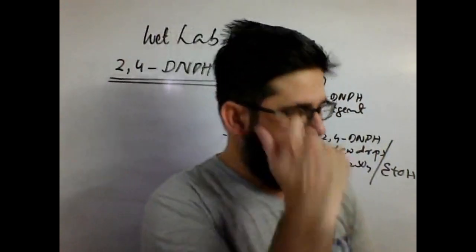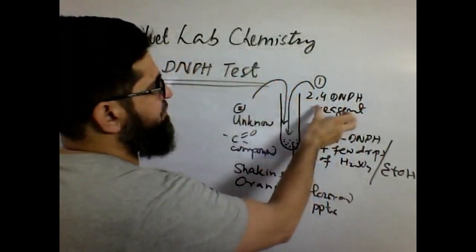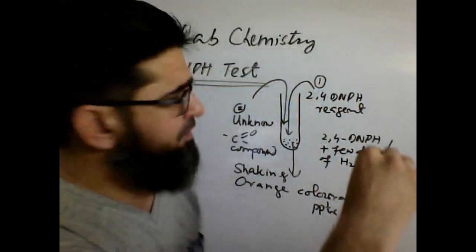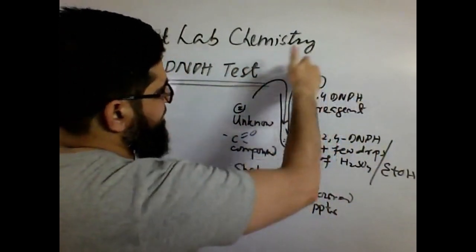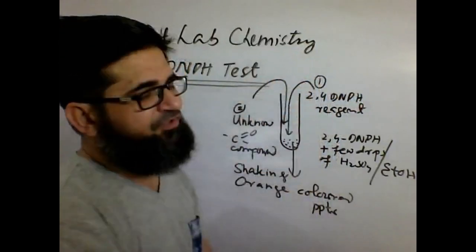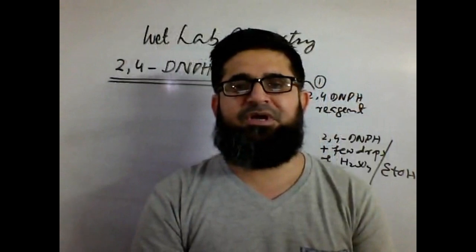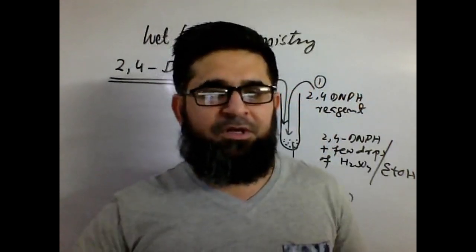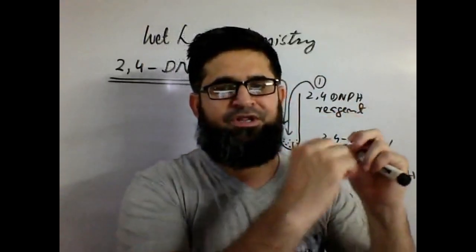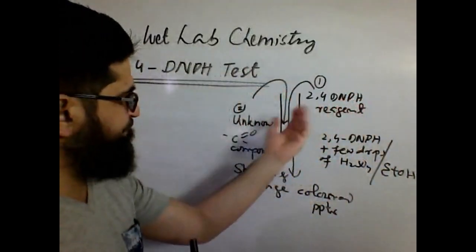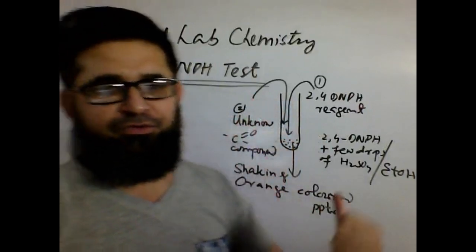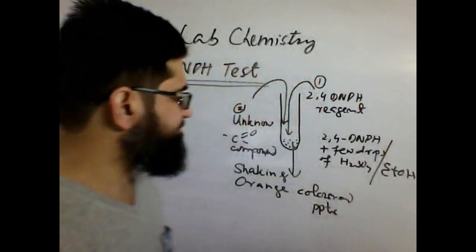Then you put that DNPH into the test tube. Then you put in the unknown compound, which you expect to be a carbonyl compound, because you have already performed the litmus solution test, which confirmed the given compound is neutral, and if it is neutral, it could be an aldehyde or a ketone.